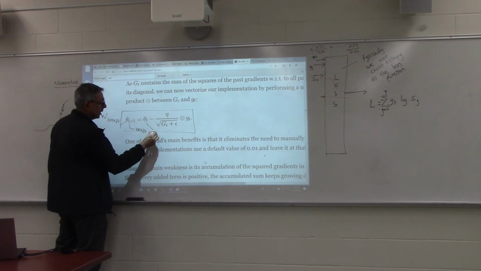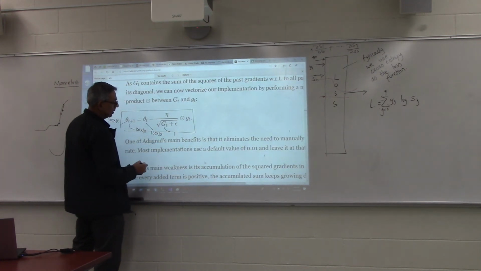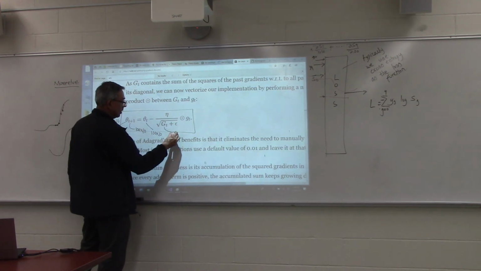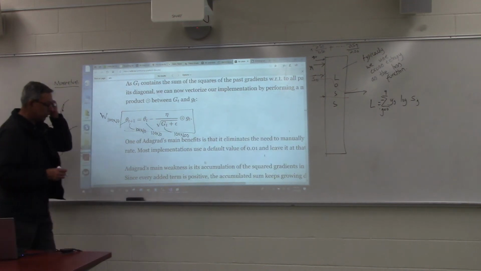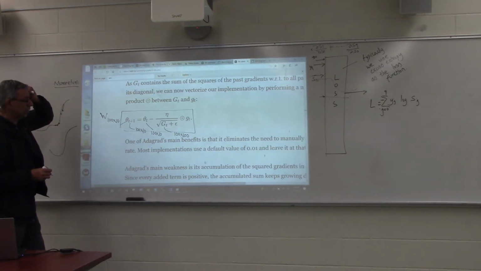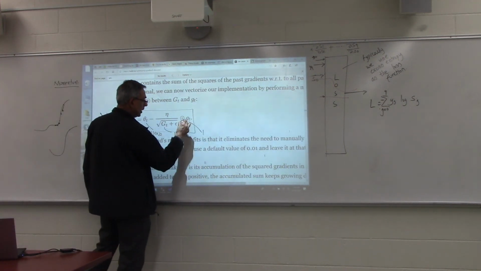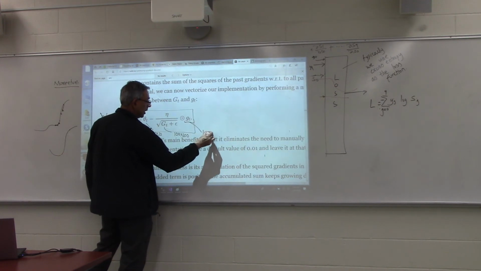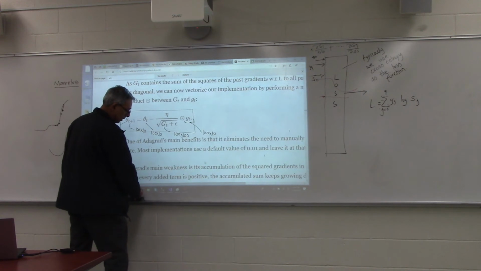This will be 100 by 10. Okay, this will be 100 by 100. Let me see, why will it be 100 by 10? GT is the gradient, so the gradient has to be 100 by 10. So GT has to be 100 by 10. This should also be 100 by 10.